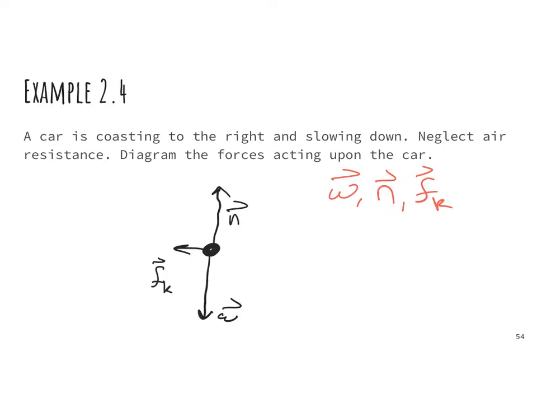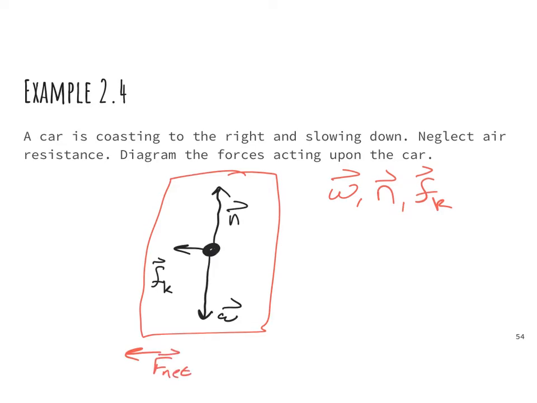And the question I'm asking is, what should be going to the right? So the car is moving to the right. The direction of motion is to the right, but there is no force acting to the right. This is actually complete. My free body diagram that I have right here is all done. The net force, of course, is going to the left in the direction of the friction.